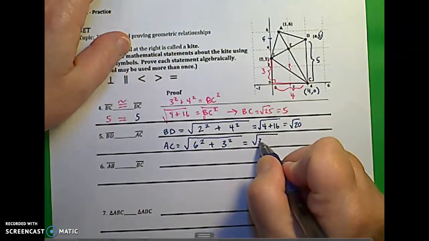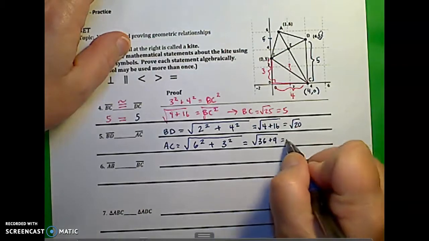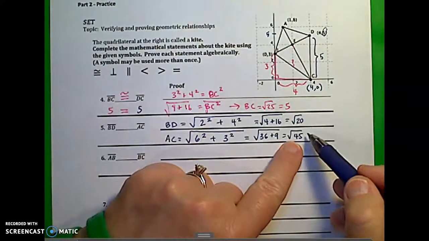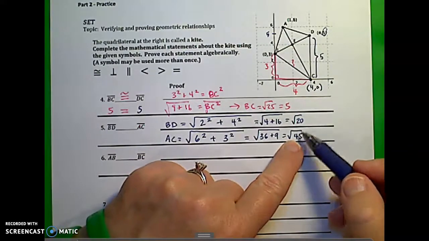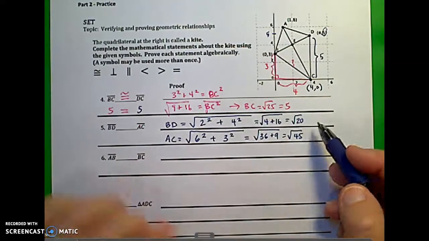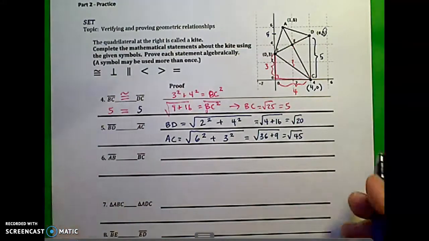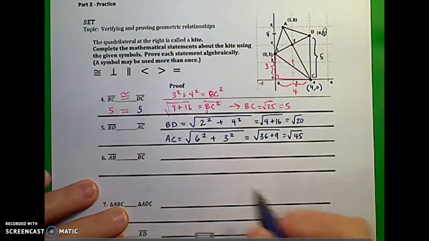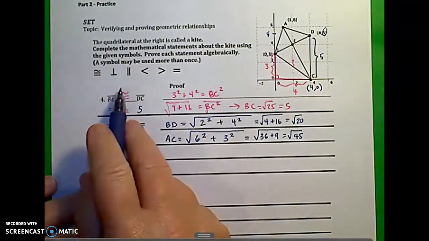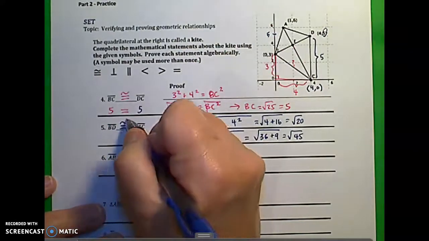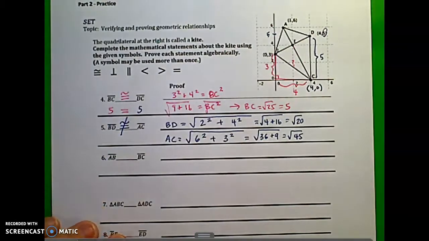So I got the square root of 36 plus 9, which is the square root of 45. Now, I don't even need to do this in my calculator. I can obviously tell these are not going to be the same answer. So I'm going to say that these are not equal or not congruent. And they didn't give me a symbol choice here, but here's what you can do. You put the symbol congruent and then put a line through it. It shows it is not congruent.